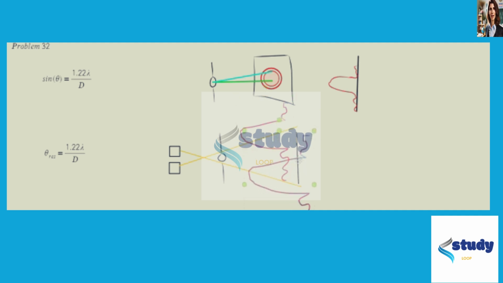So they would have to be this big for these two intensities to interfere, and we wouldn't be able to resolve it. So we want a theta res that's smaller. The smaller the theta res, the more you'll be able to distinguish two objects that are angularly close together. So that is what is meant by that resolution limit given by this Rayleigh criterion equation.